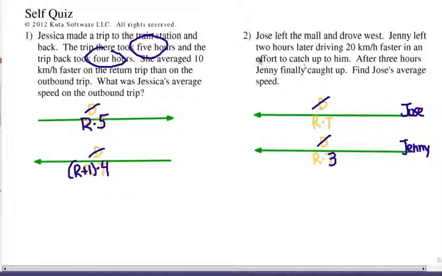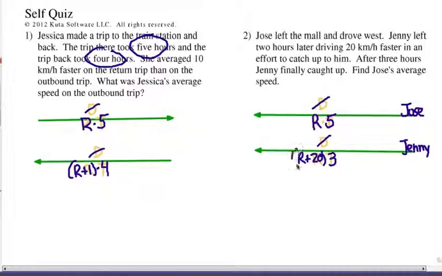And Jenny left 2 hours later than him, so he must have been traveling a total of 5 hours. Got to do a little detective work and figure that out. She drove 3 hours, he drove 5 hours. But the rate, what was his speed? We'll call that R because Jenny drove 20 kilometers per hour faster. So instead of R, it's going to be R plus 20.